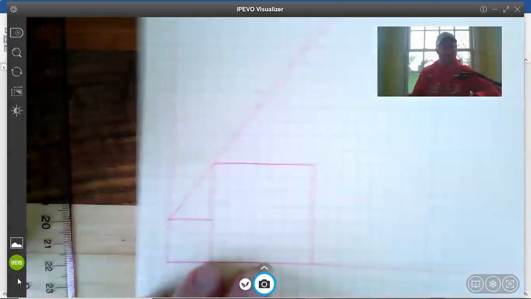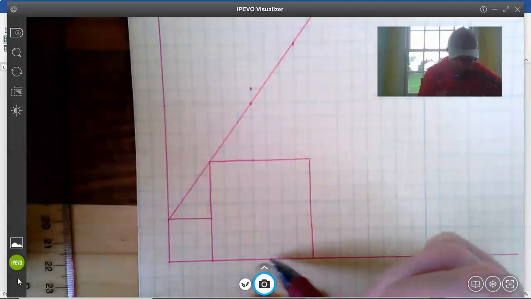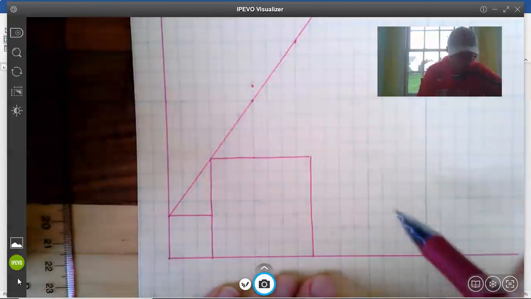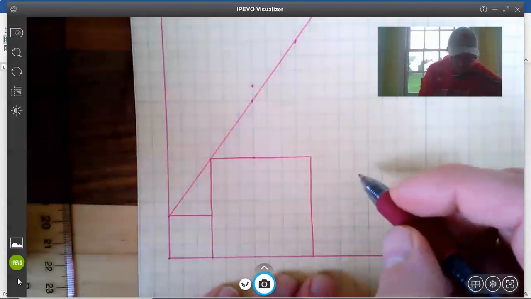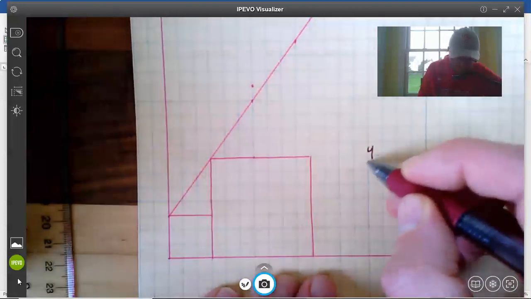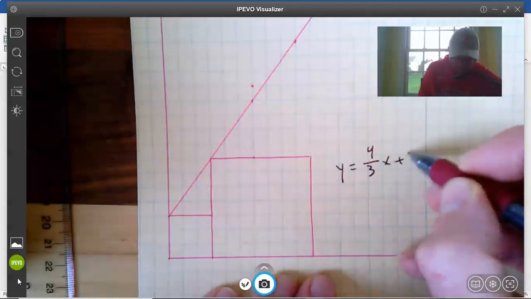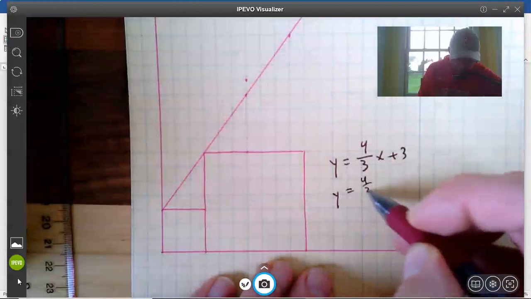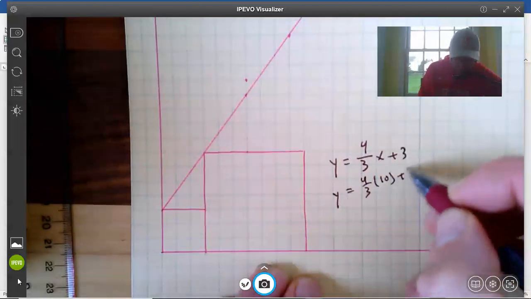Number 3, more squares. Let's see, we have a 3 and a 7. So our equation is y equals 4/3 x plus 3. We're going to plug in 3 and 7 makes 10.